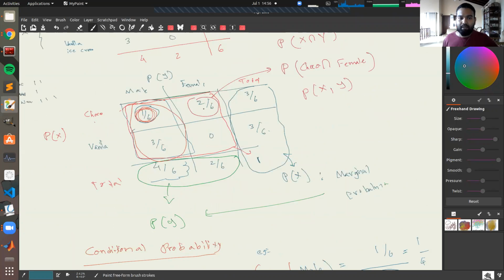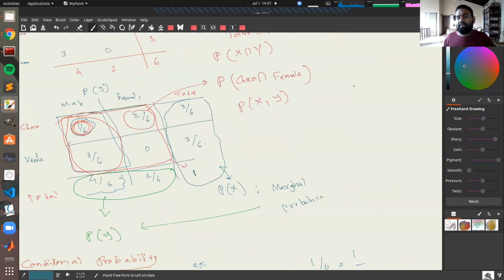And clearly here it's dependent, right? There are more girls who like chocolate ice cream. So if we talk about whether two events are independent, we can think about a different example. In this case, they are not independent, they are dependent.